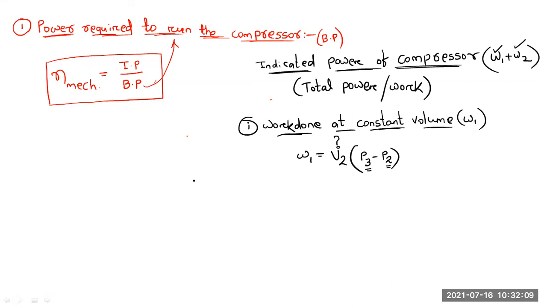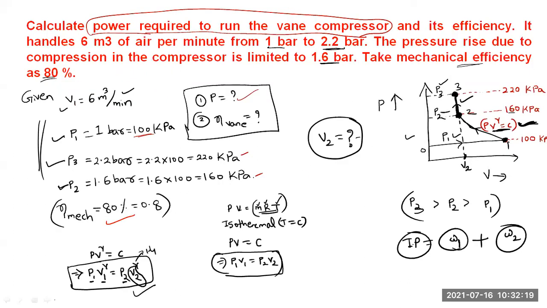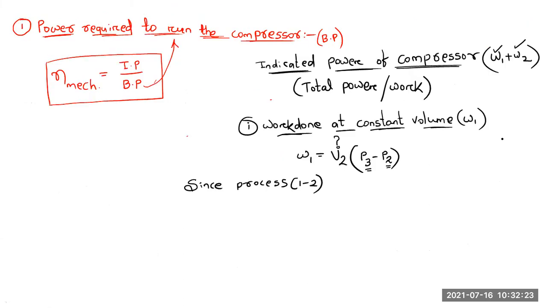So we will write here, since process 1 to 2, this one is point 1 to point 2, I am talking about this process. Since process 1 to 2 is adiabatic, it follows PV to the power gamma equal to constant.